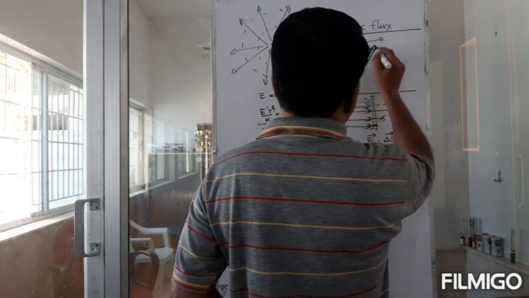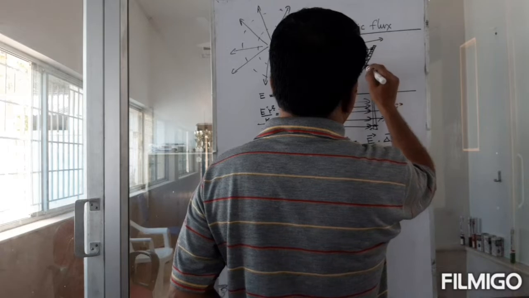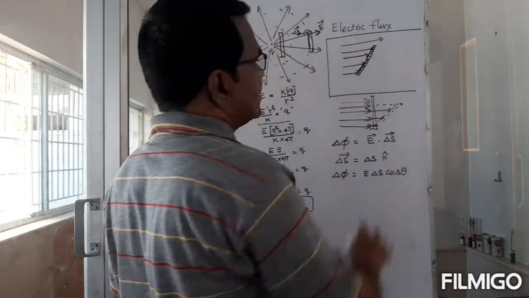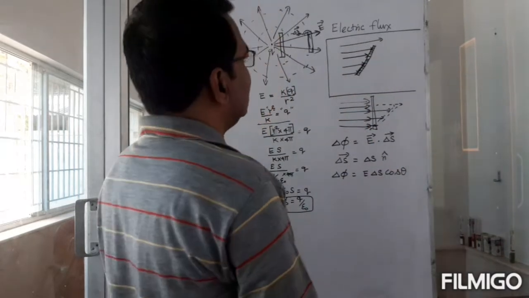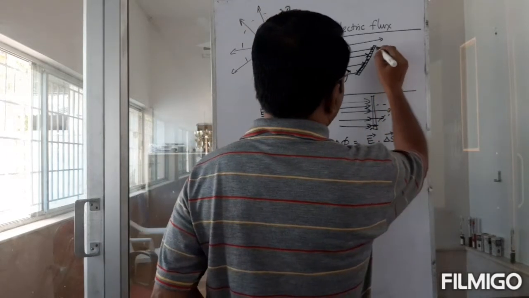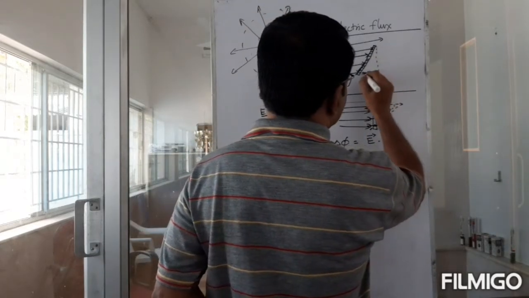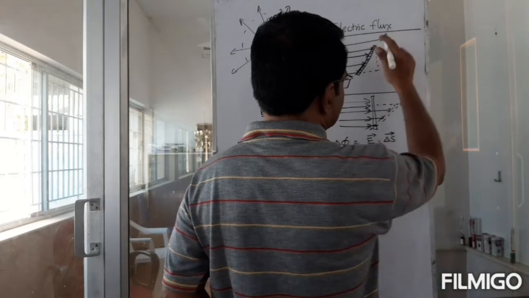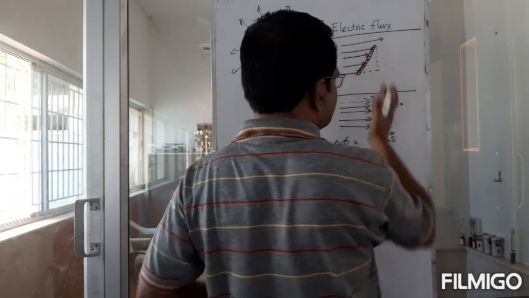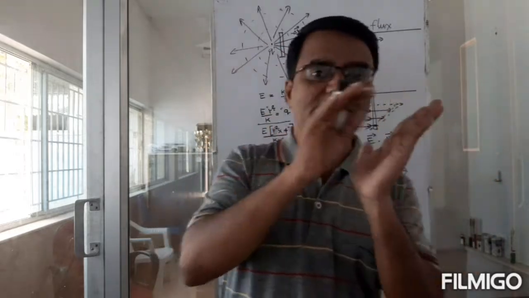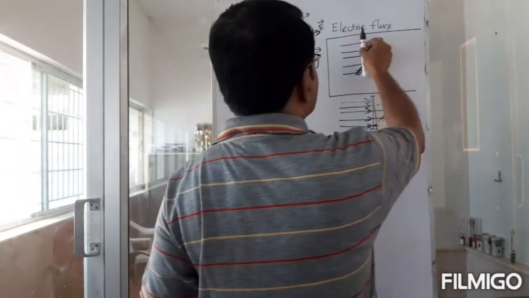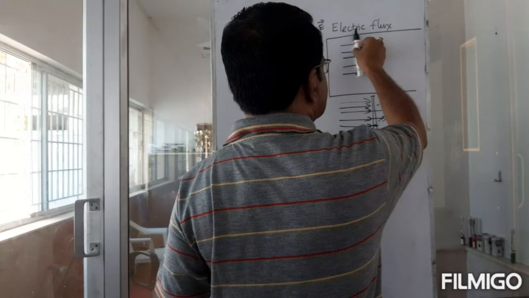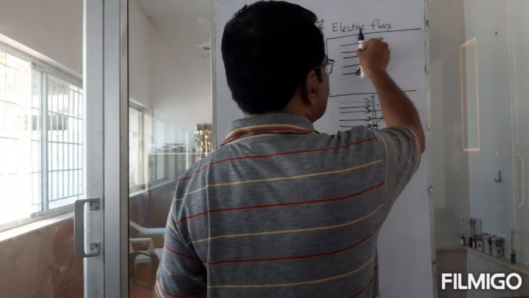So only 4 lines go through this. But note here, it is like this distance. The entire area is not participating in it. If the entire area were participating, then you would have 5, right? If it is 90 degrees here, then all 5 lines would go through it.